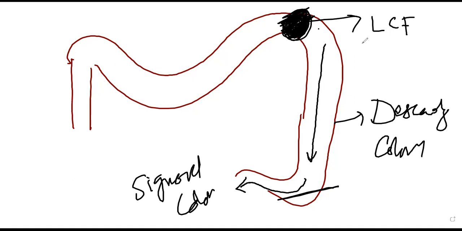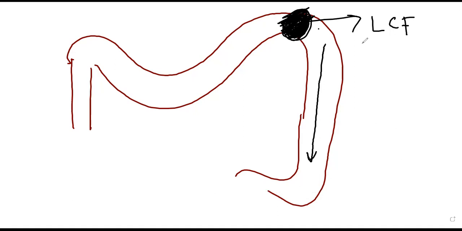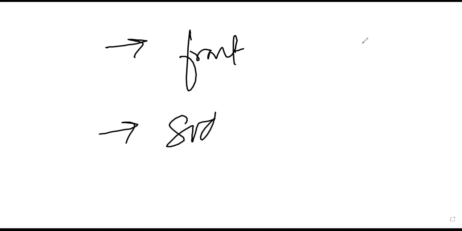Okay. The peritoneum covers the front and sides, and it binds it to the posterior abdominal wall. So the descending colon is covered by peritoneum on its front and its sides.